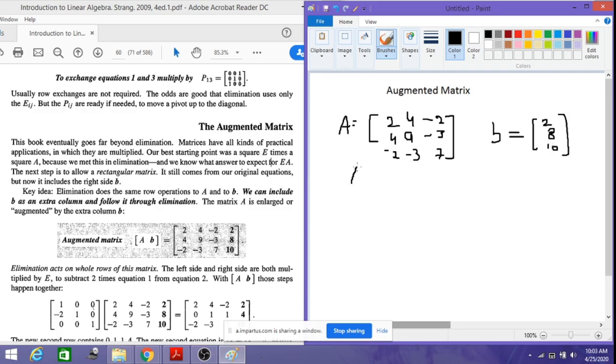Usually the general form of writing this is AX = B. So we have a 3 by 3 matrix A, the coefficients of the linear equations, and X is a vector of the 3 unknowns, one column with 3 rows, and on the right hand side is B, such that A times X should be equal to B.